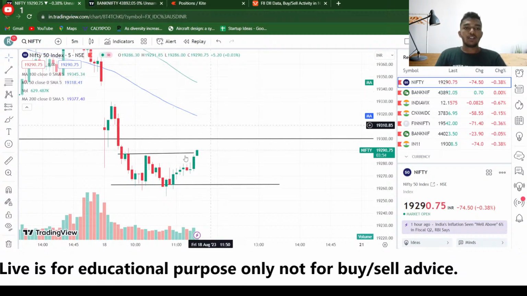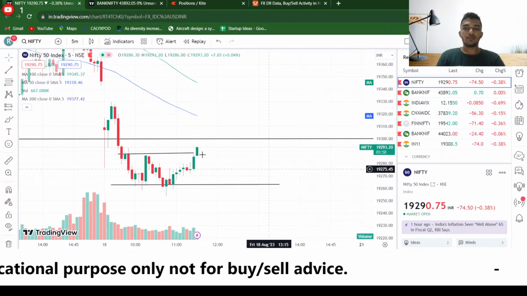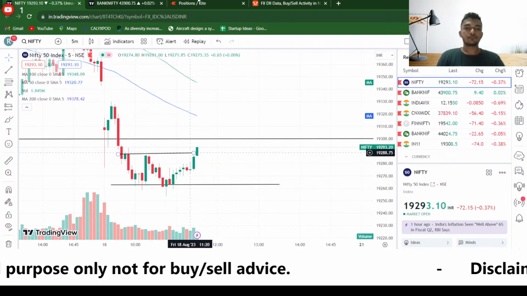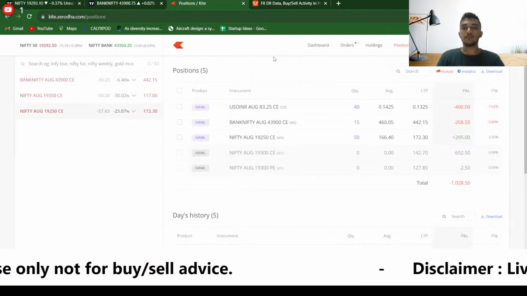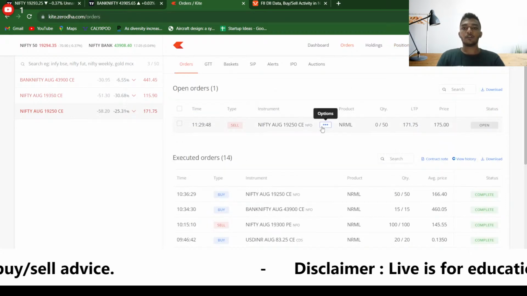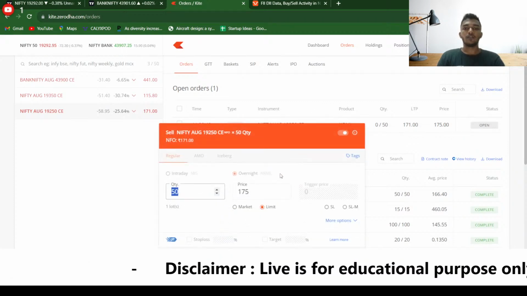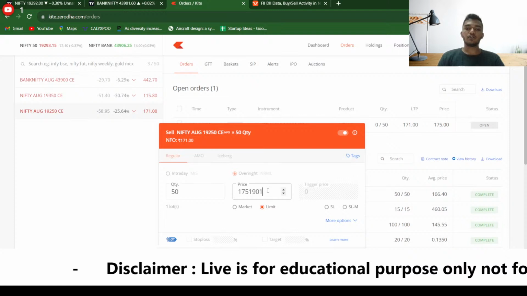So Nifty does look like it has kind of broken the zone, but it needs to sustain above that level. So let us consider that part as well. So I have to increase my order to 180, 190. I will increase my strike price to 190.